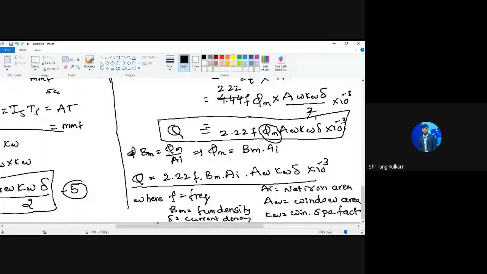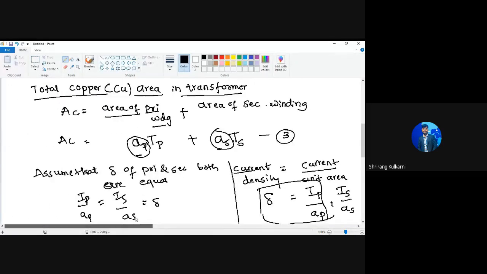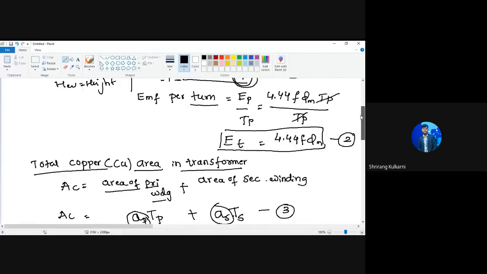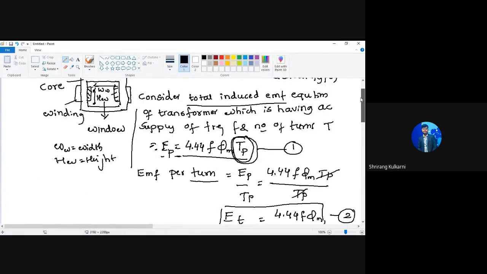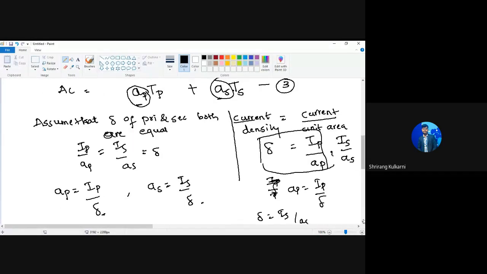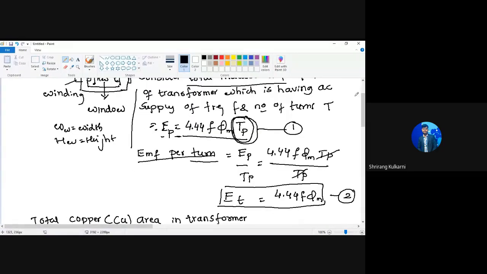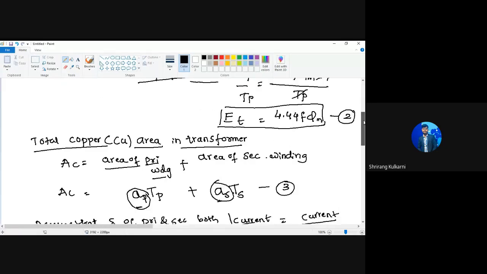Can I repeat it once within 1 minute? What are the things we have studied? Start with the induced EMF equation. We have got the EMF per turn, that is equation number 2. After that, we calculated the copper area, the total copper area.